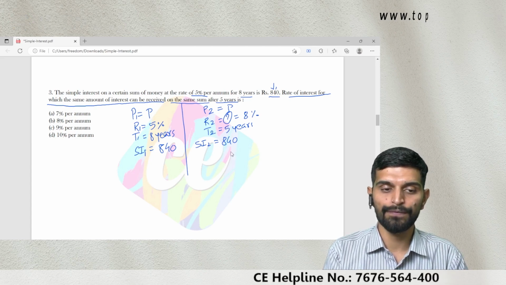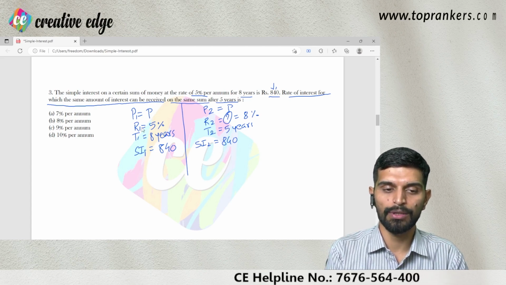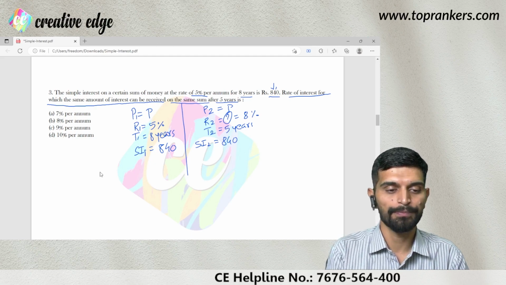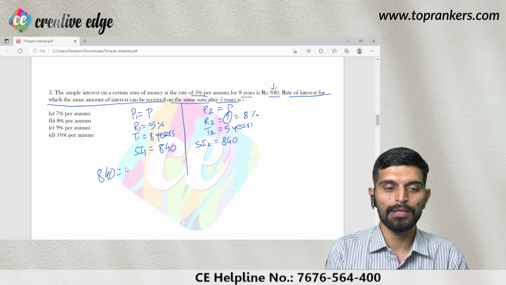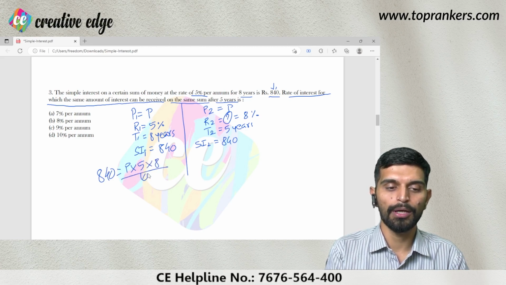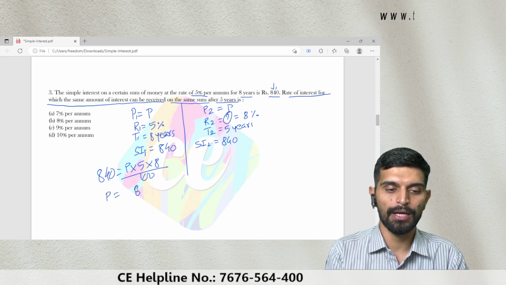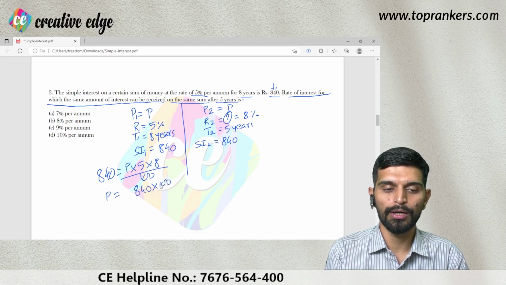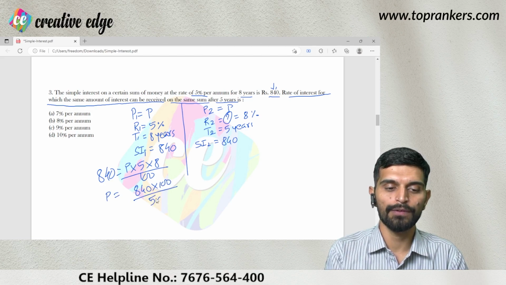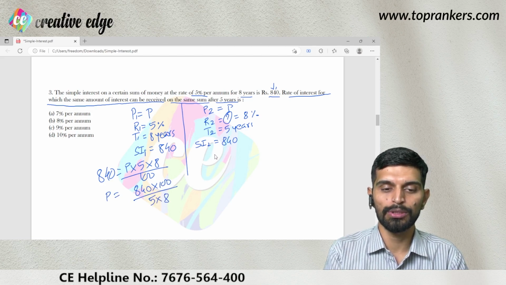And even if you're not satisfied, you can determine the value of principal from here. Say 840 is equal to P into 5 into 8 upon 100. So from here, we have the value of P as 840 into 100 upon 5 into 8. Now substitute that value here.